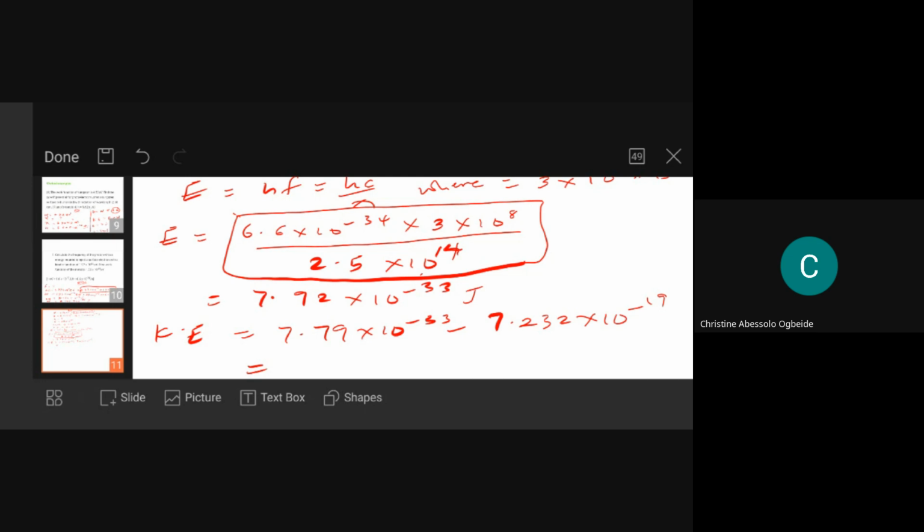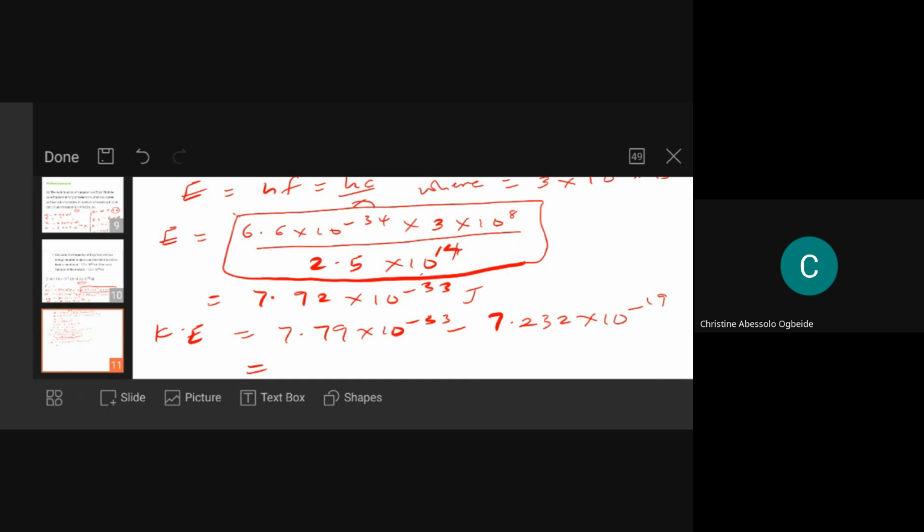But there's no way I'm going to get a negative sign. I lifted the question from a past question, but I think there's a problem with those questions. Okay, yeah. What did you get when you change it to 14?